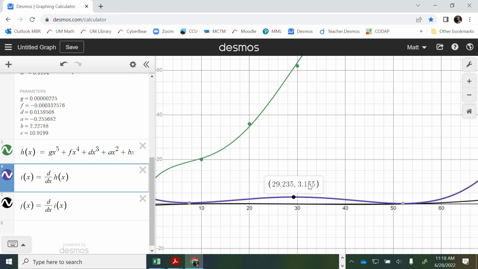So in the context of my data, that means that in year 29.2, just at the first part of 1979, bike sales were increasing at the fastest rate over the historical period, by about 3.155 million per year.